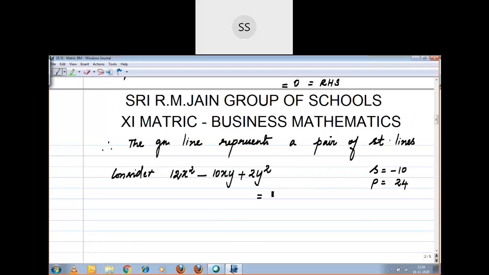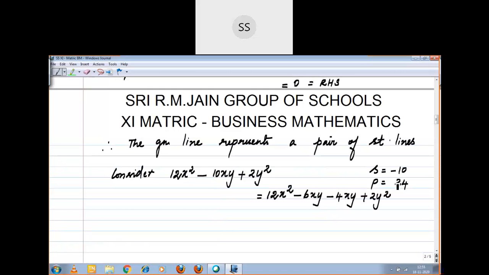You see, right? First, xy is there. So minus 10, 24, right? Or you can write like this, 12x square, the 10 can be written as minus 6xy minus 4xy plus 2y square.